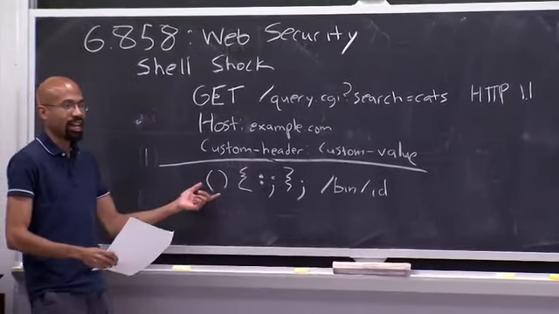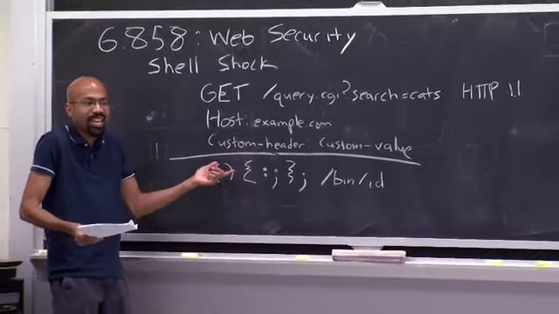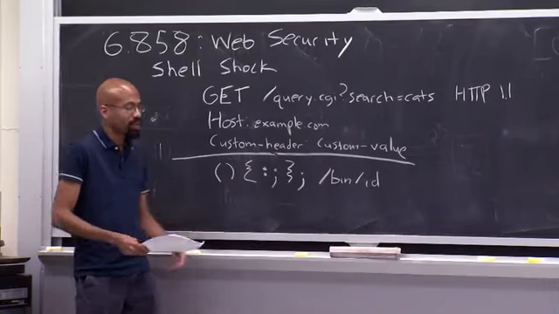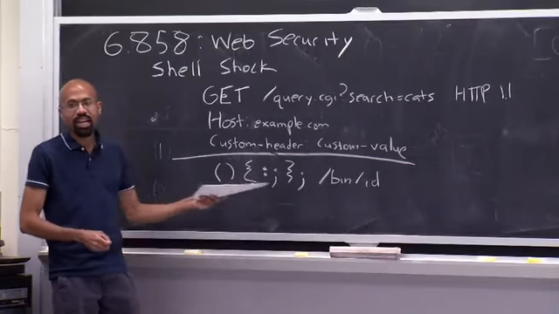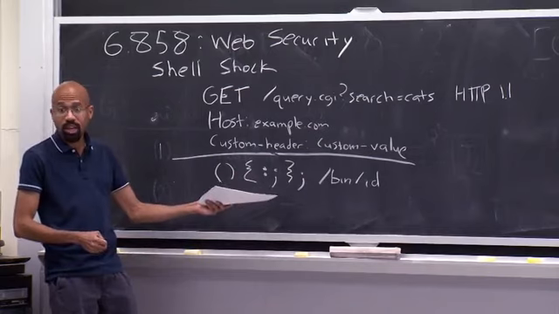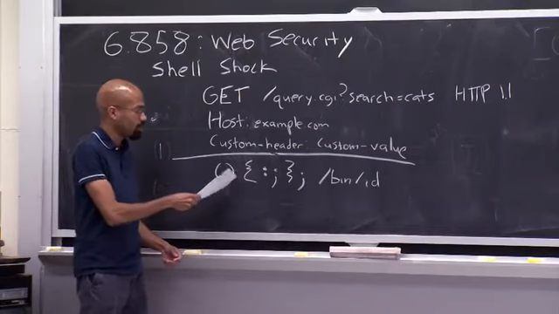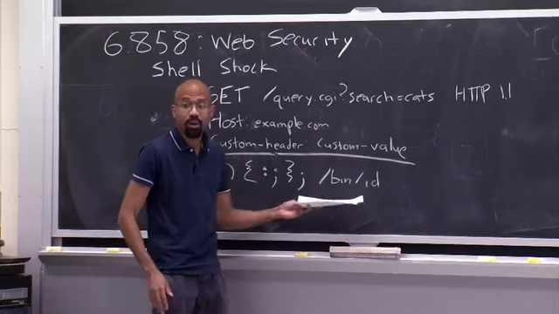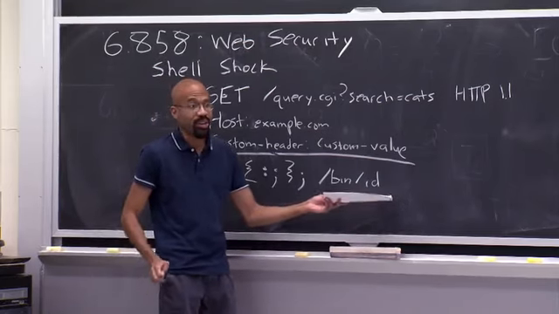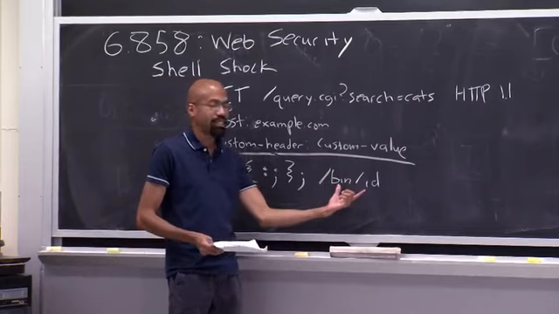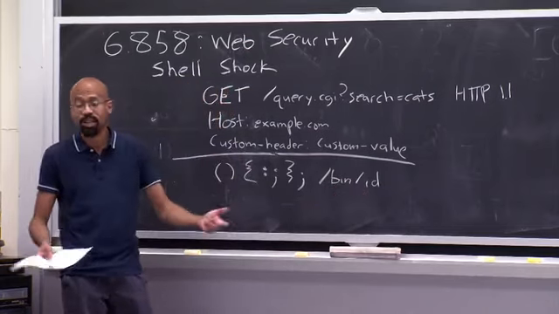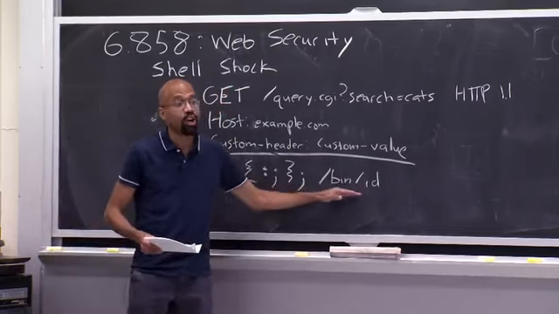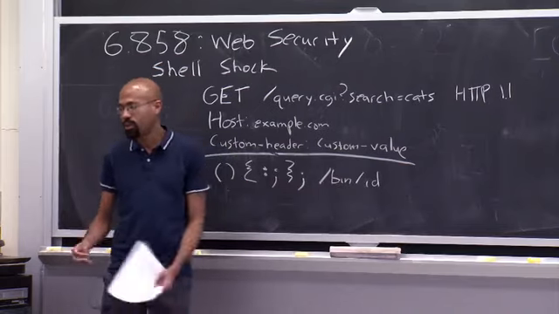You just define some stupid function here that doesn't do anything, and then the parsing would terminate here. But this sequence of characters actually confuses the bash parser. It stumbles through this nonsense and then says, oh, I might as well keep on parsing and execute some commands here. In this case, this just does the /bin/id command, which displays some information about the user. But this could be any code right here. So that's the heart of the vulnerability.